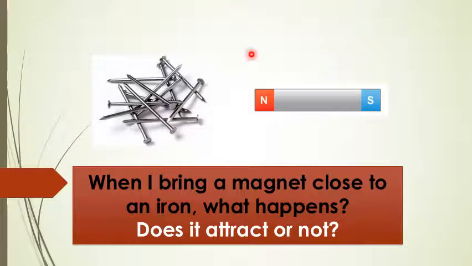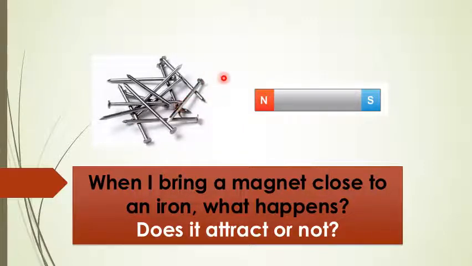But once we bring a magnet near the iron nail, something very weird happens to the particles inside the iron nails. First, we all know that when I bring a magnet closer to the iron nail, it will stick to it.